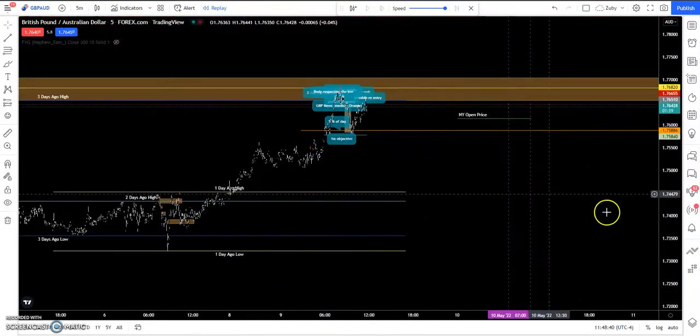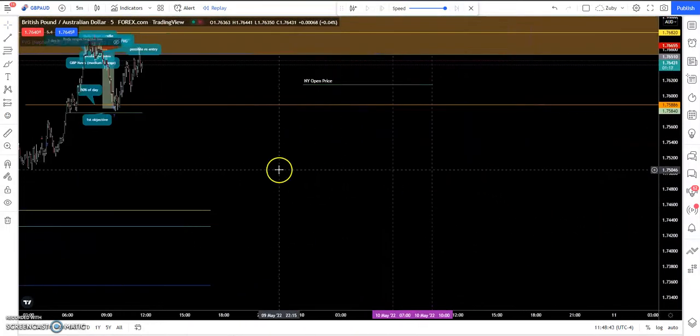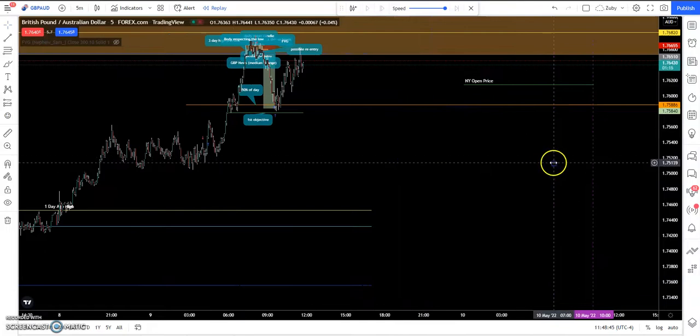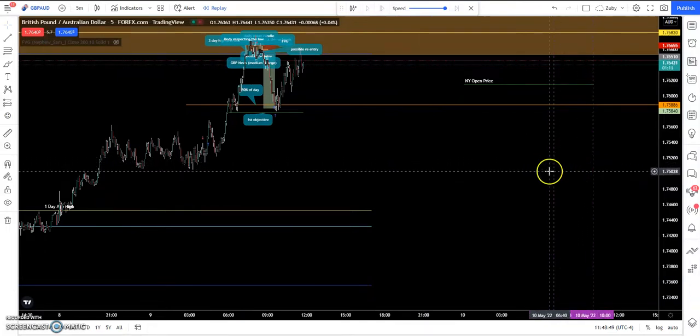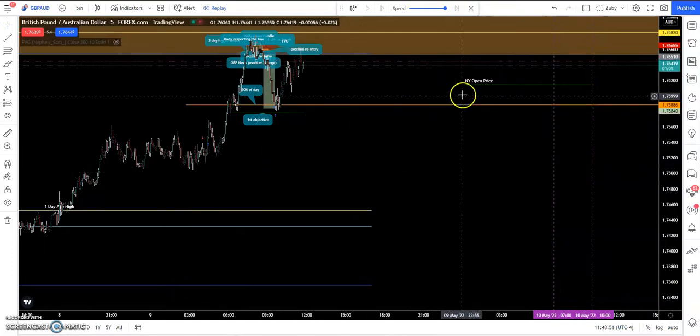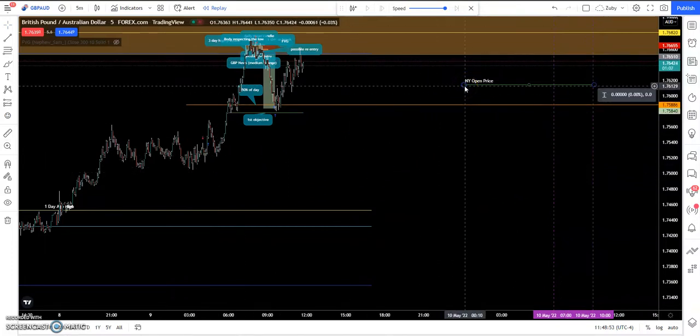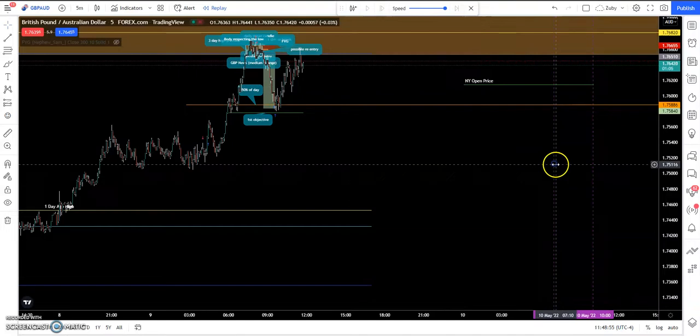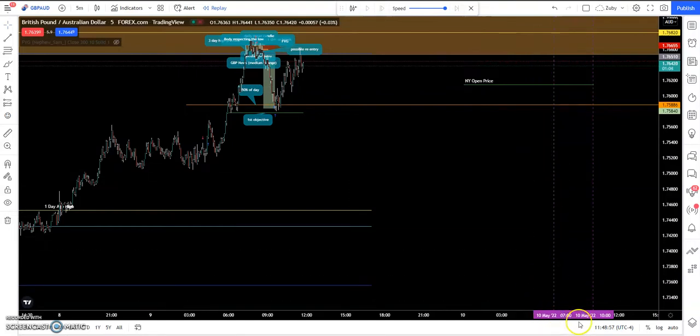Going forward, I've already preset my time for tomorrow, so you don't need to really watch that. But these were all set over here. This was set at midnight for New York Open. This was set at 7 o'clock today, and 10 o'clock today, and that is my window to see where the opportunity is.